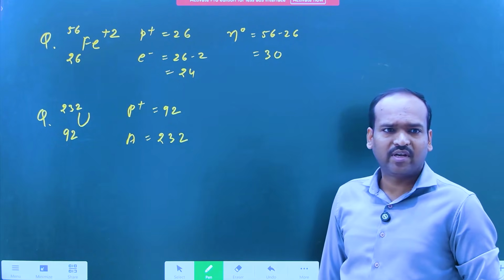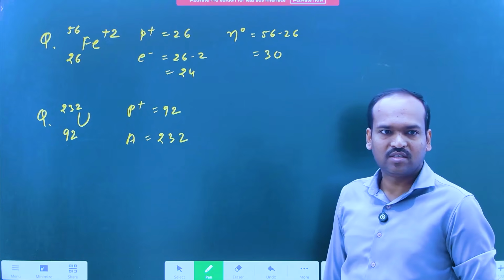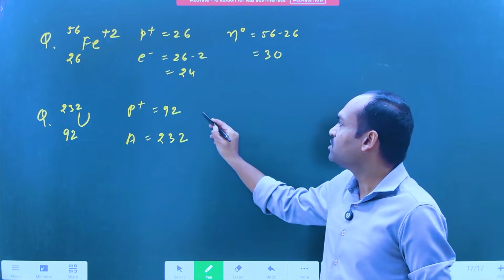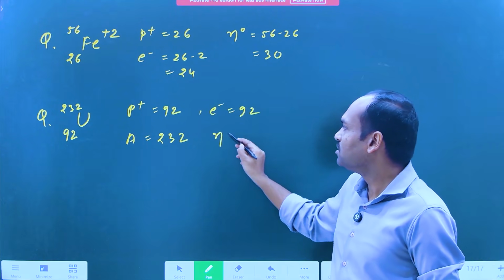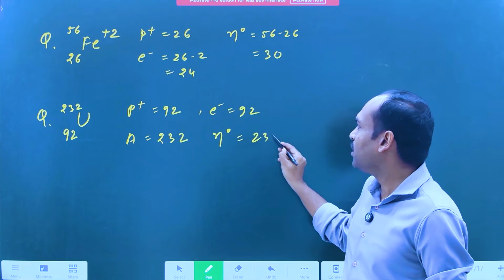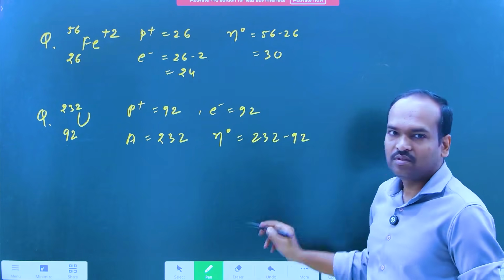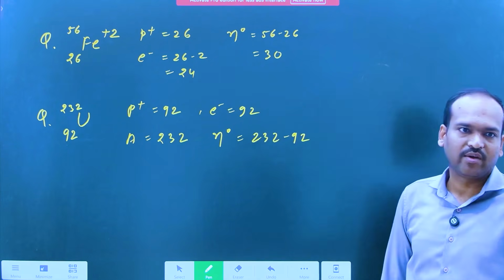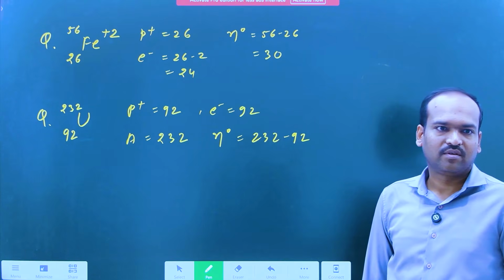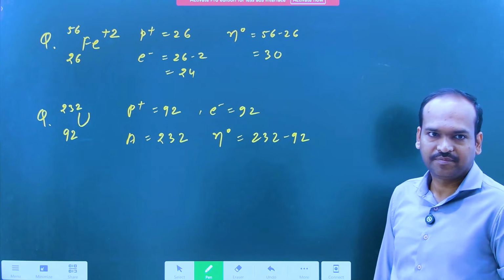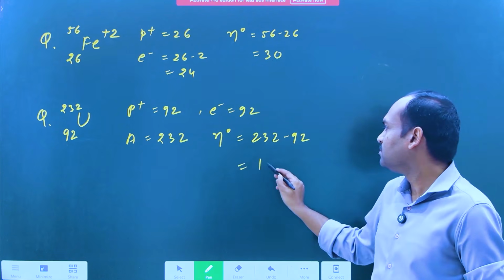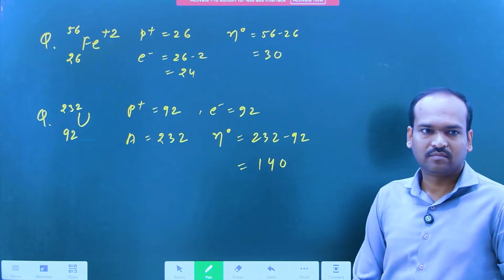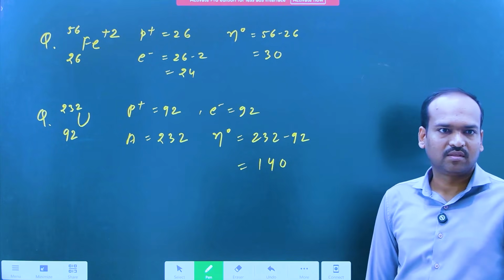Oxygen is 118? Oxygen is not this. This is uranium. Oxygen is Og. Protons, electrons: electrons are 92. Neutrons are 232 minus 92, so neutrons are 140.